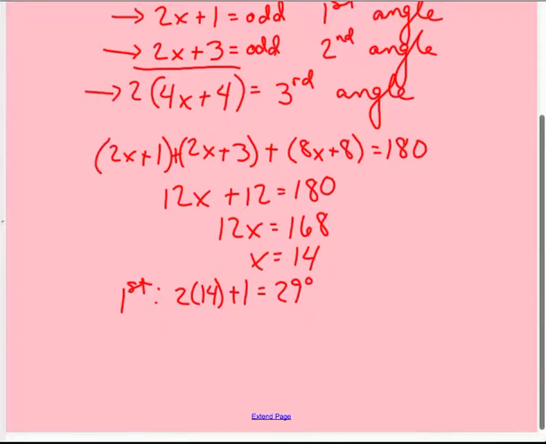And instead of substituting into all of those expressions, I know my second angle is the next consecutive odd integer. So 29 plus 2 gives me 31. And my third angle is twice the sum. Well, 31 plus 29 gives me 60. If I double that, I get 120 degrees. So those are my three angles.